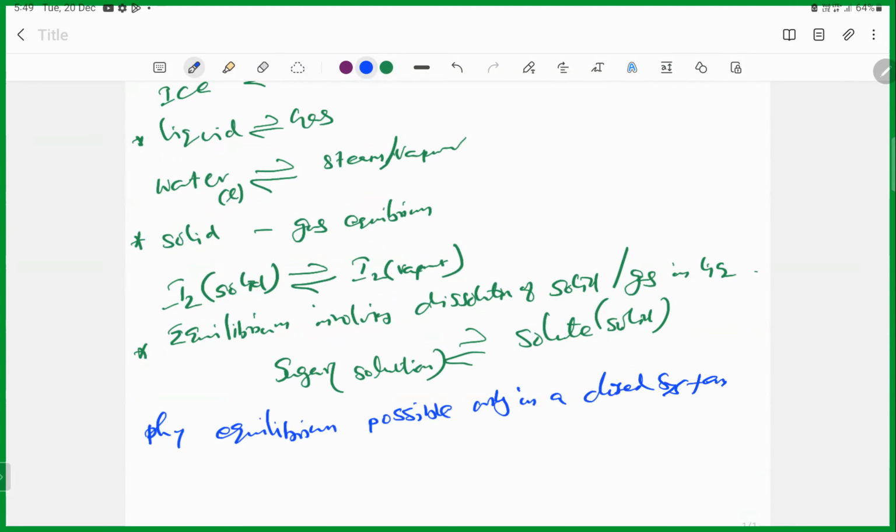When it is open, it exchanges energy as well as matter, so the physical equilibrium cannot exist and the process goes to completion. And the forward reaction and backward reaction occur at the same rate. Then it is called dynamic equilibrium.